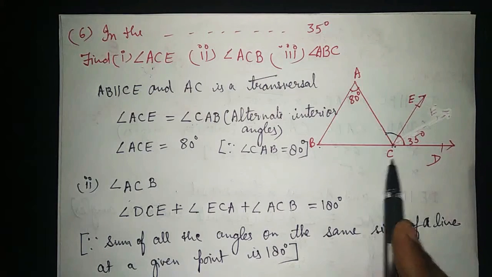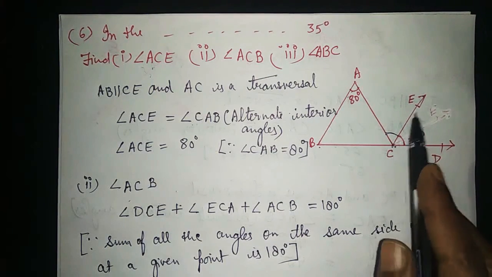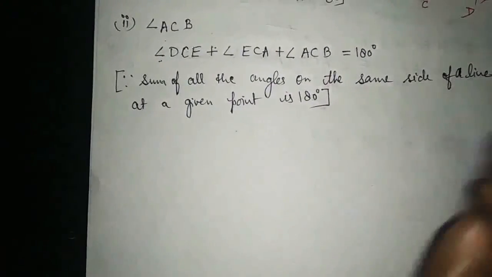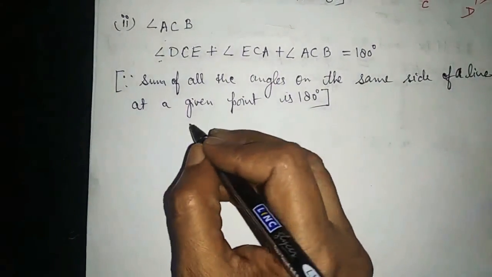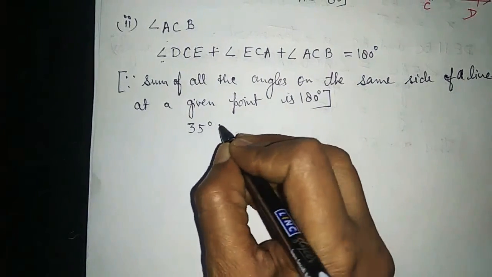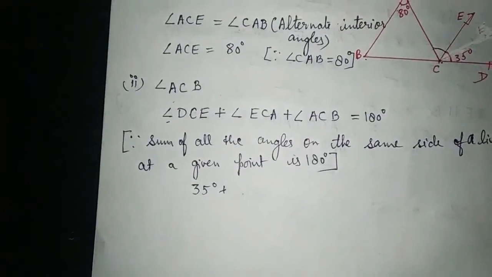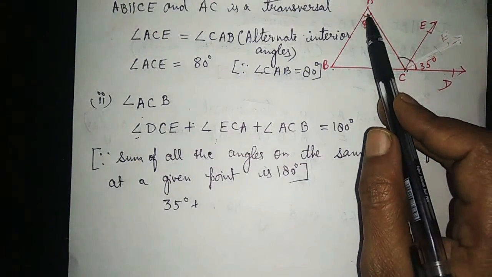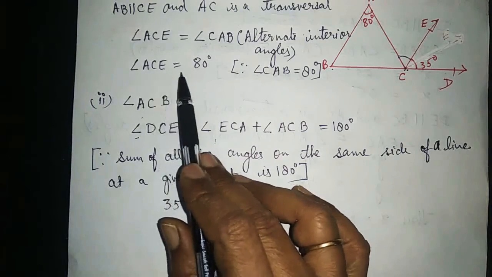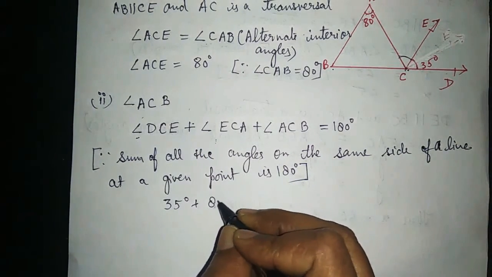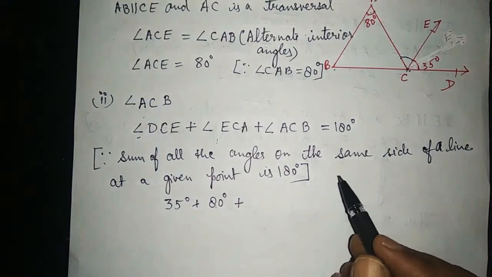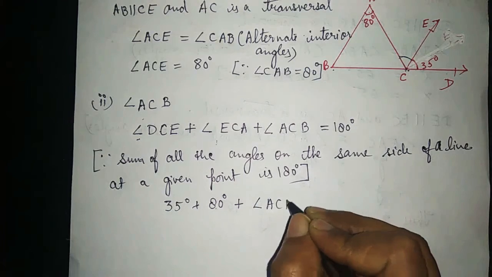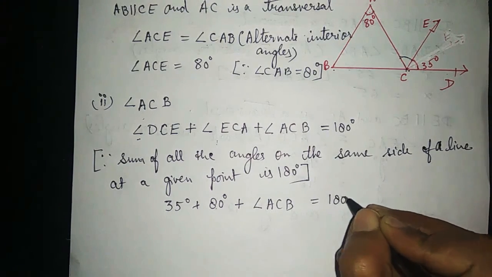Now, in place of DCE, we will write 35 degree. And in place of ECA, here we have calculated ECA or ACE, 80 degree. And the third angle is ACB. Here angle ACB is equals to 180 degree.